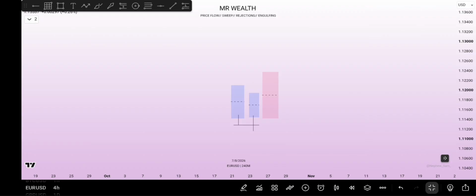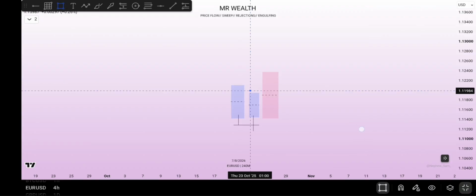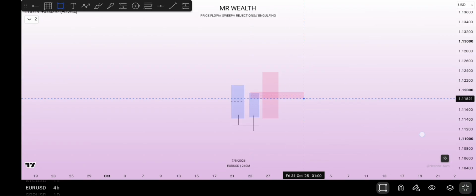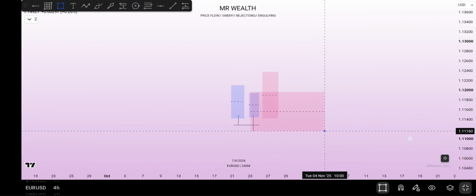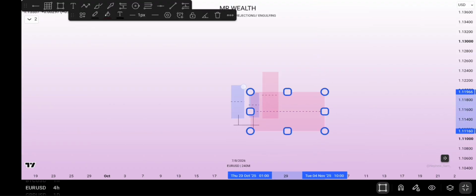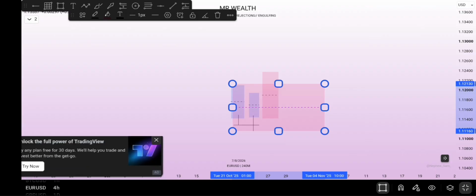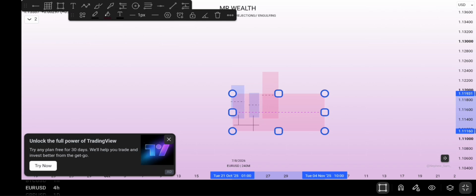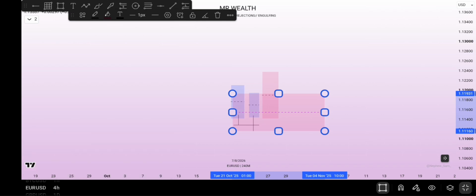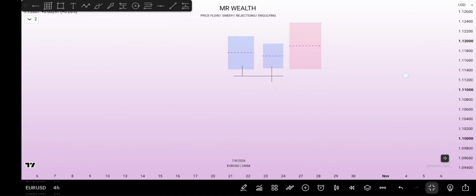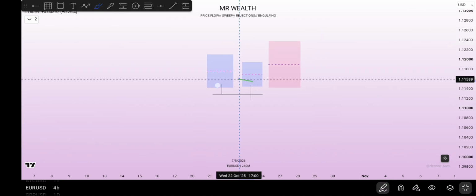Then we can take this one as our entry, or this one, or this other one as our entry. It all depends on you. If you are patient enough, you can use this middle candle that swept and rejected.